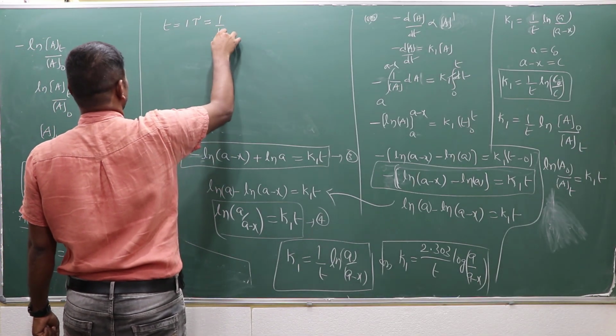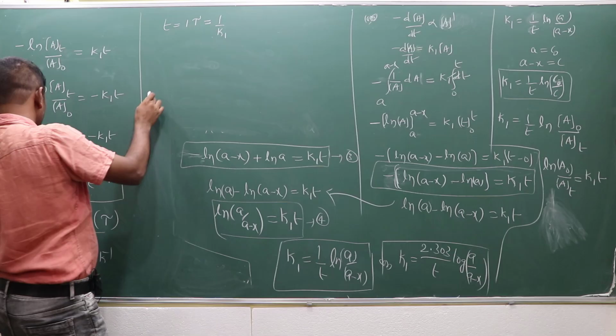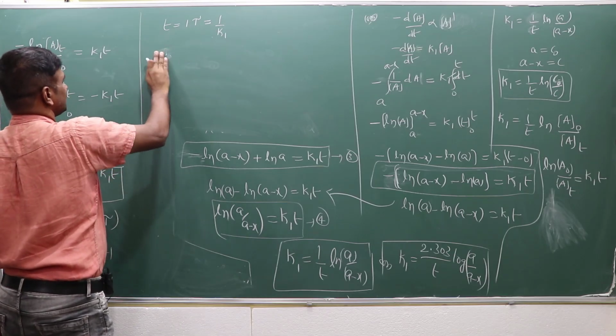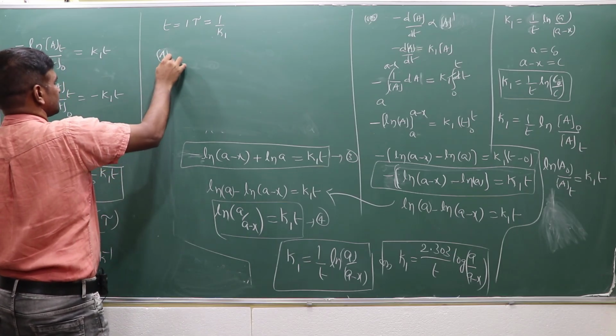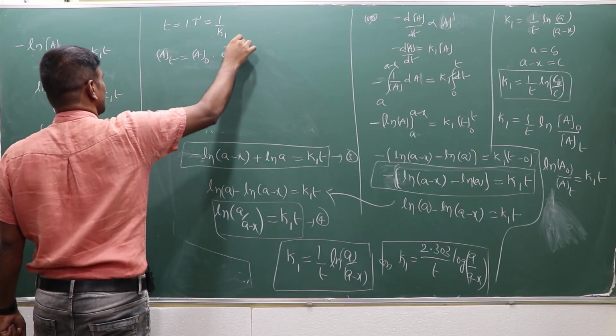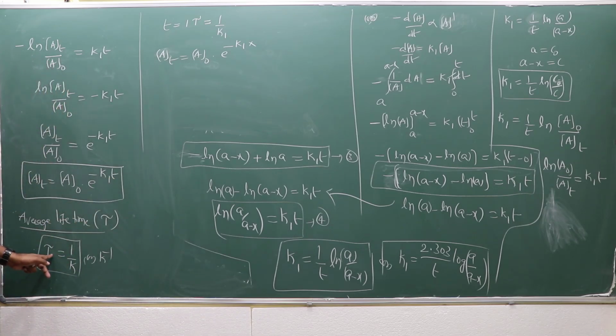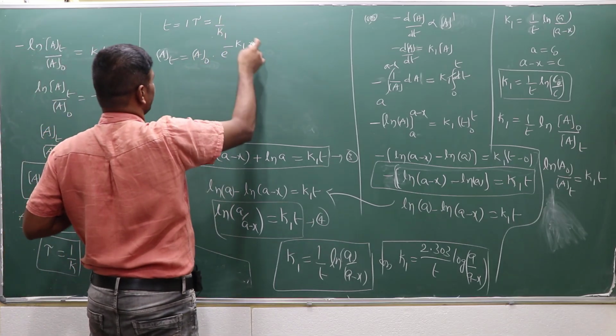Suppose tau is equal to 1 by K1. Then what will happen? At is equal to A0 into exponential factor minus K1 into, in the place of t, tau, the average lifetime, which is equal to 1 by K1.